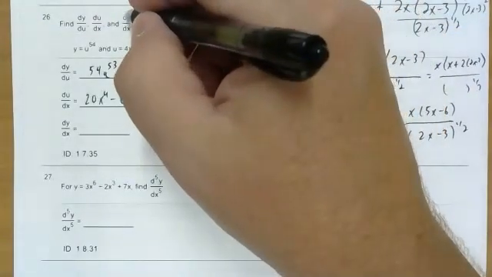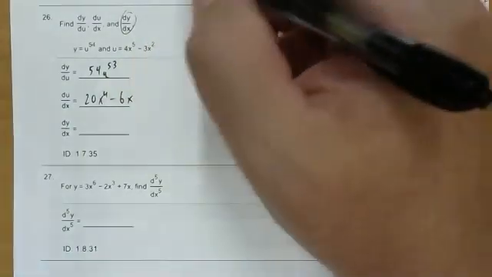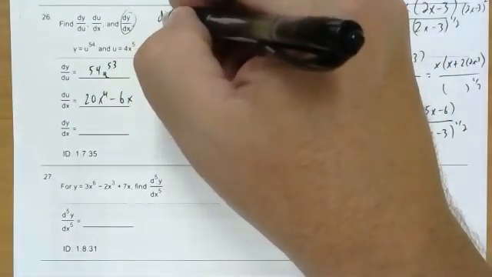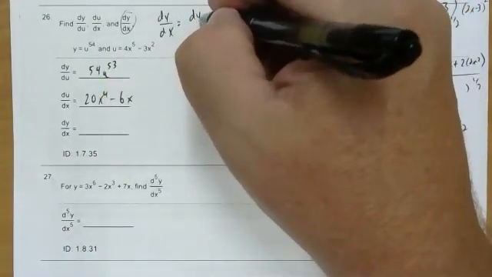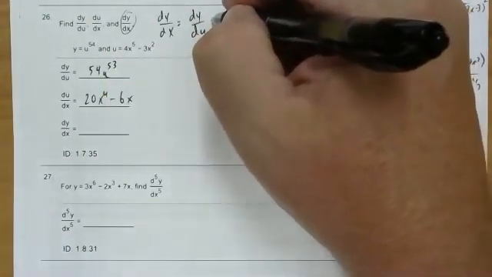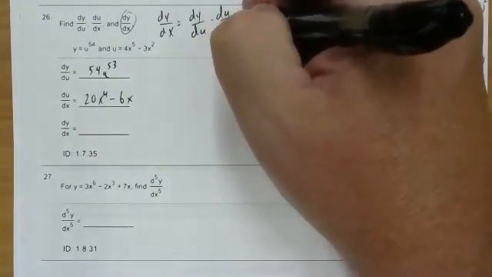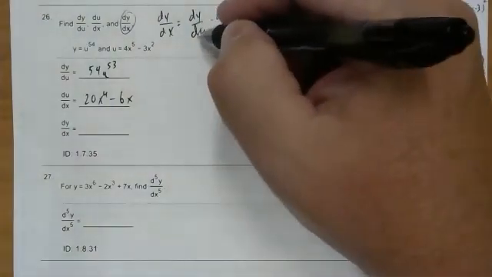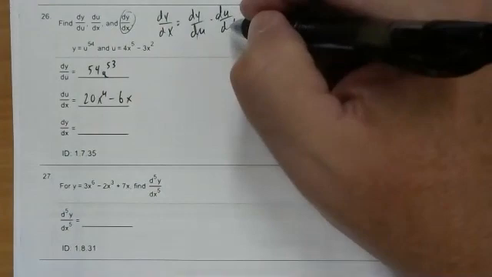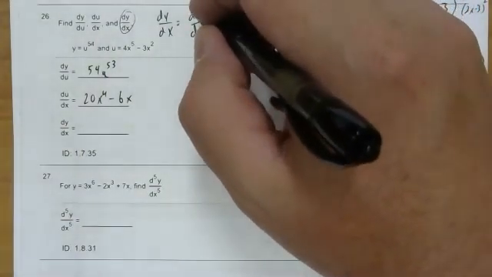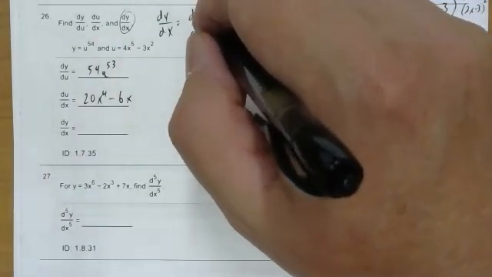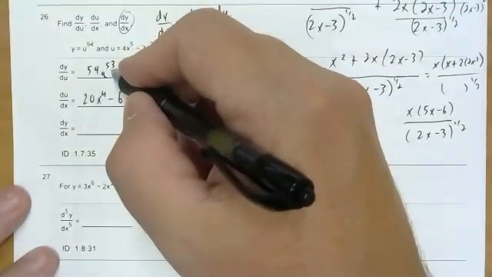But what's tricky is the dy/dx, because what dy/dx is really, it's dy/du times du/dx. And when you get an answer, you can't have any u's in it. What do I mean by that? So I'm going to go ahead and here's dy/dx.